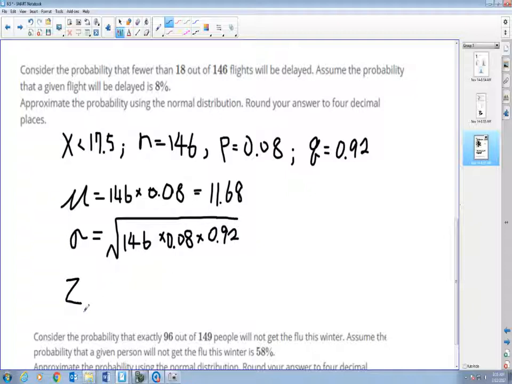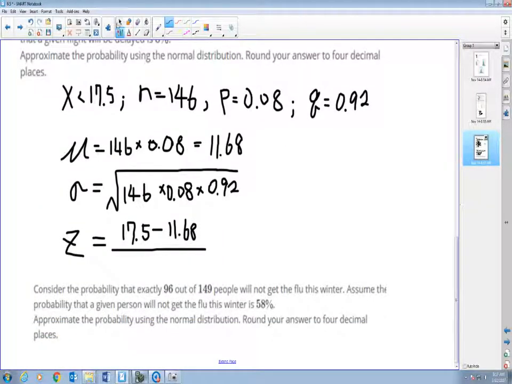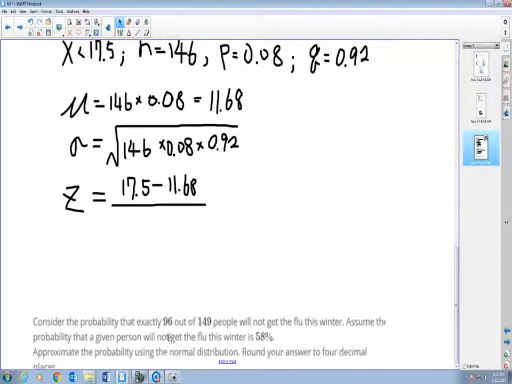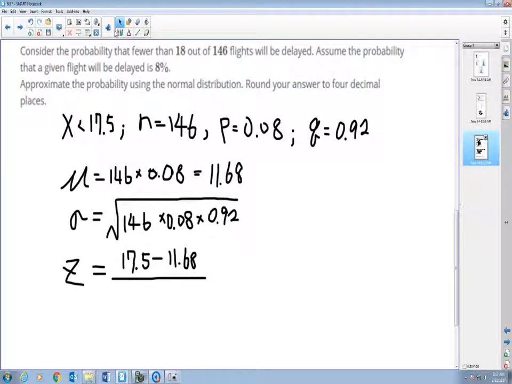Alright, so let's do my z-score. Fewer than 18, we will use 17.5 instead of 18. The random variable x minus the mean, divided by the standard deviation, which is all that stuff. So all I'm going to do is just type that in.